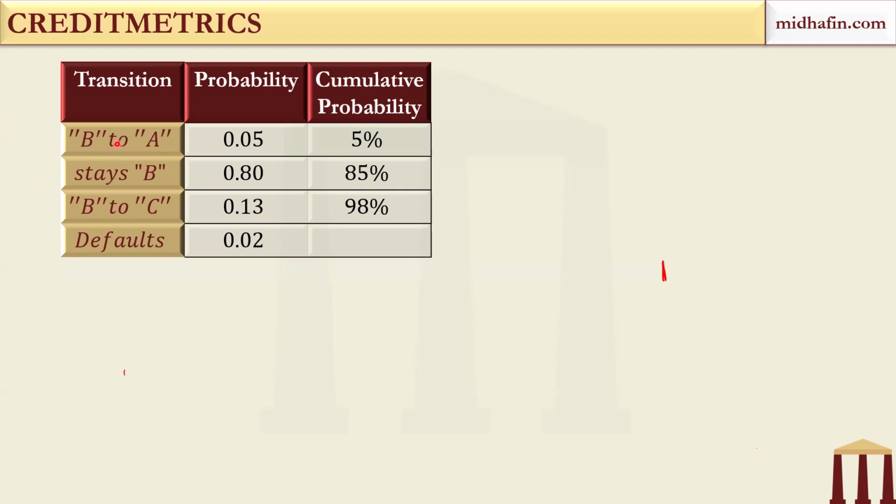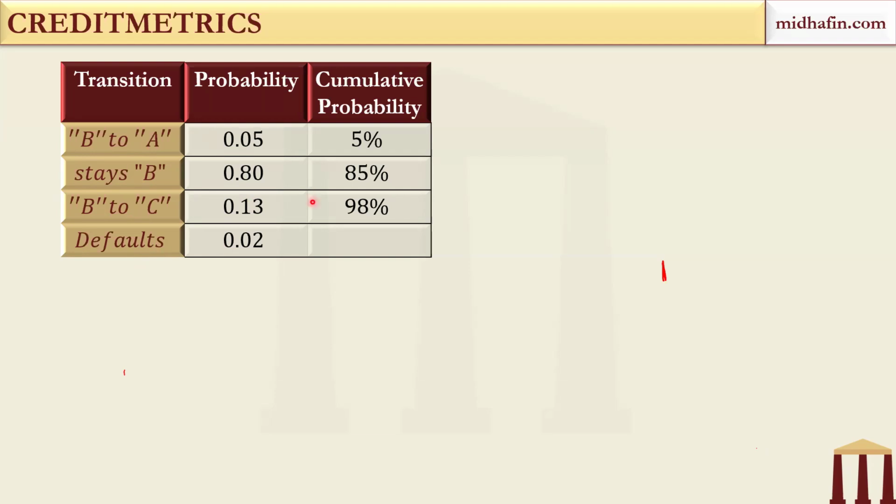Same idea, but that table has been modified a little for a single company. A B-rated borrower has a 5% probability of going to A, 80% probability of staying B, 13% probability of going to C, and 2% probability of defaulting.